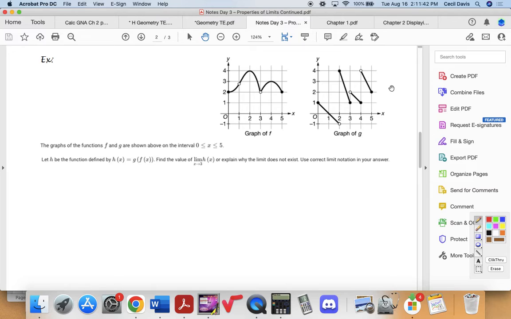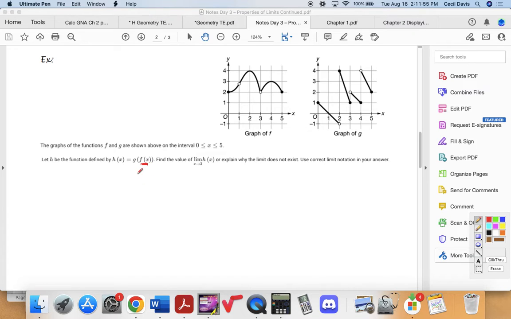Normally when we have a function inside of another function, we do something pretty straightforward: we would first look at the limit of the inner part. What is the limit as x approaches 3 of f of x? It's 2. Does anyone not see that?